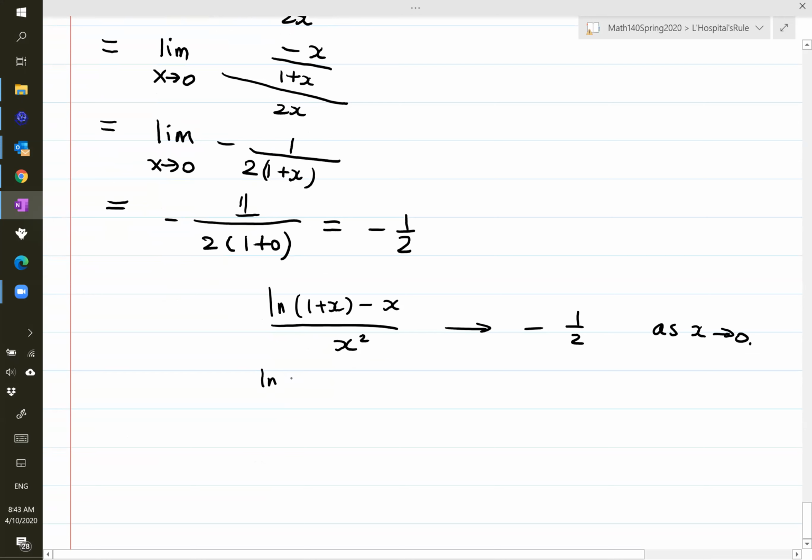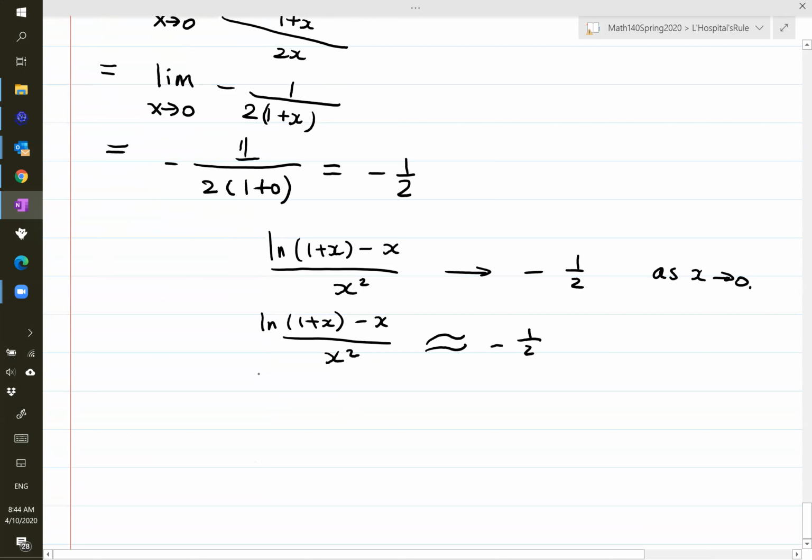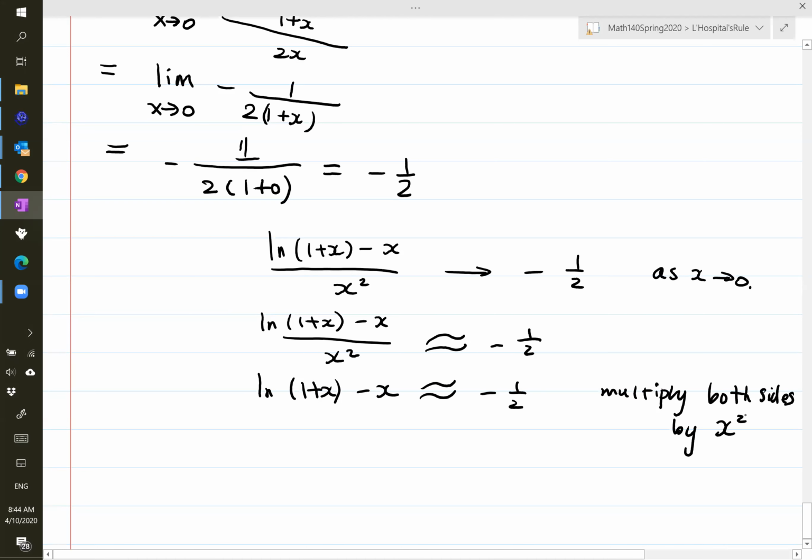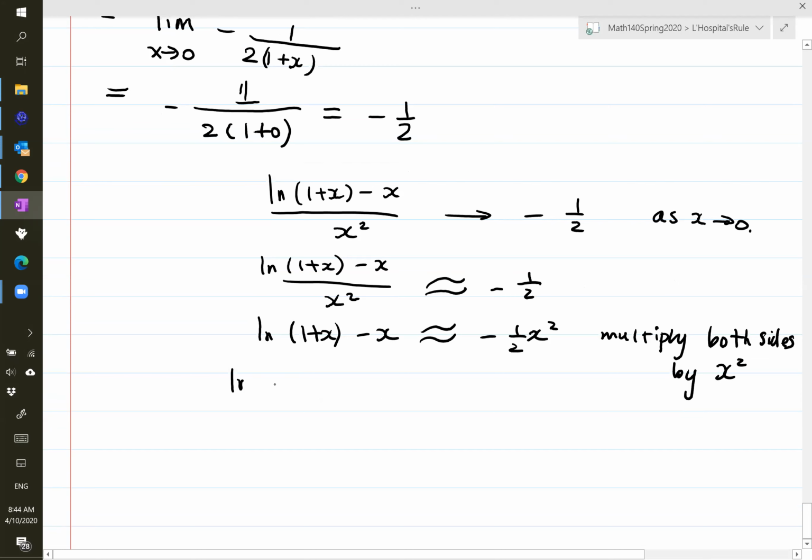Okay, so if you write it as an approximation, negative 1/2. Then we multiply both sides by x squared, then you see ln, and move x to the other side.